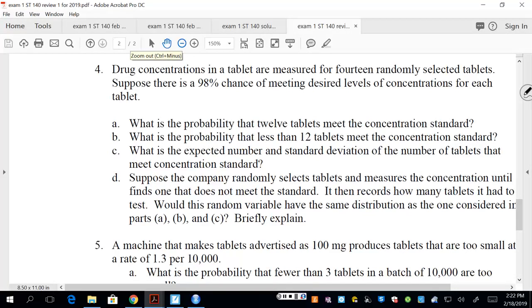Any suggestions? Yes. Would that be a binomial one? Yeah, this is a binomial, exactly.